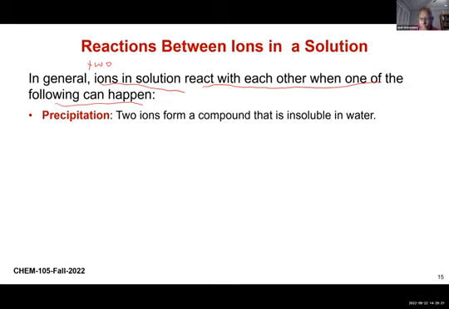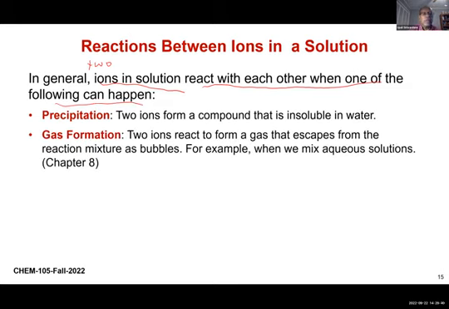Let's take an example. Okay, I'm talking in general. There are a few things that can happen between ions in solution. Two ions can form a compound that is insoluble in water. You get a precipitate. An insoluble salt is formed when two ion solutions are mixed. This is called precipitation.